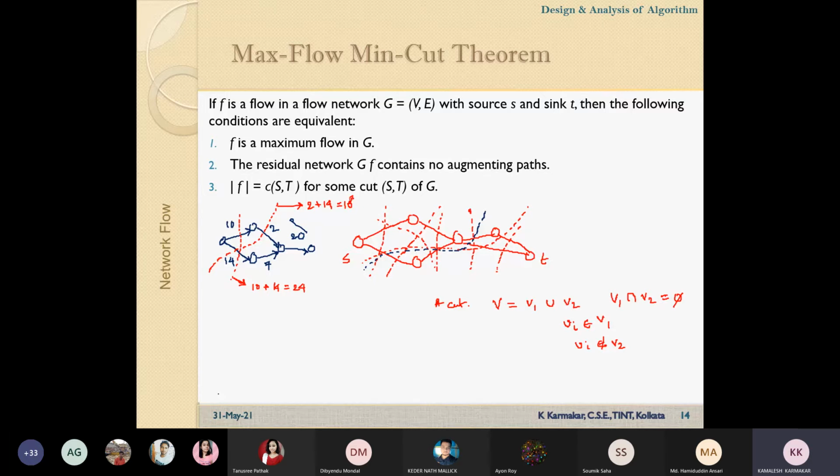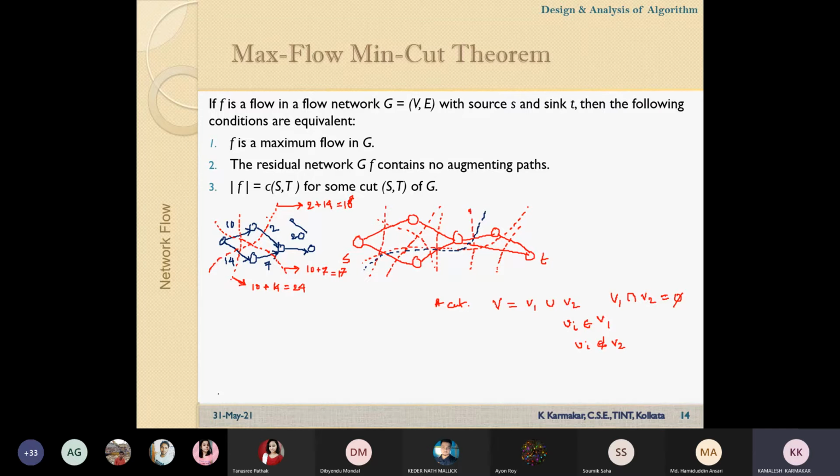So through this cut, the maximum flow is 16 units. Now, if we find another cut like this, what will be the flow through it? 10 plus 7. This one is 17 units from source towards sink.